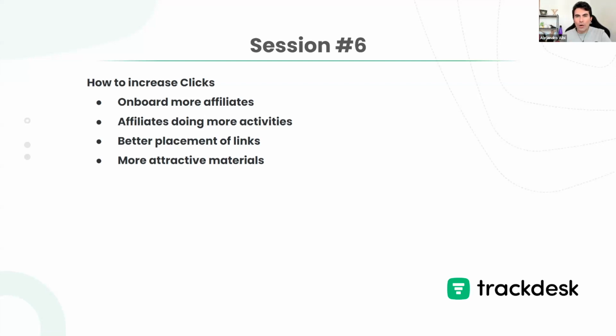Let's go through how you promote things and see where you're placing the links. And if the links are well placed, maybe your marketing materials are not that attractive. So check them compared to the competition in the environment that affiliates are showing, like maybe everything is very colorful and yours is gray. These things make an impact.